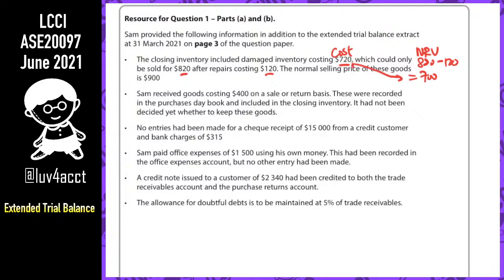Then we compare the two, 720 and 700. There is impairment of 20. So one of the adjustments will be 20.